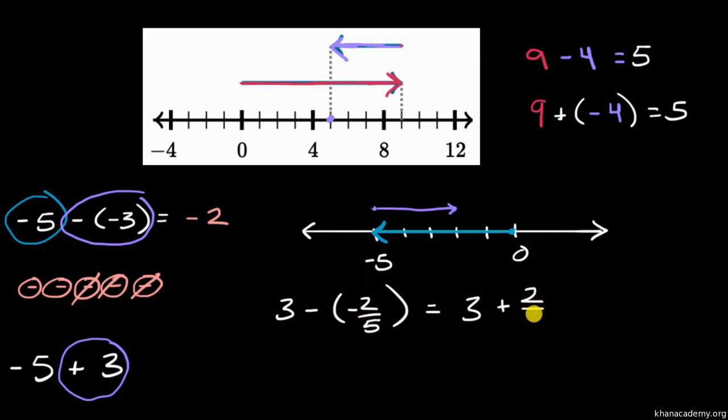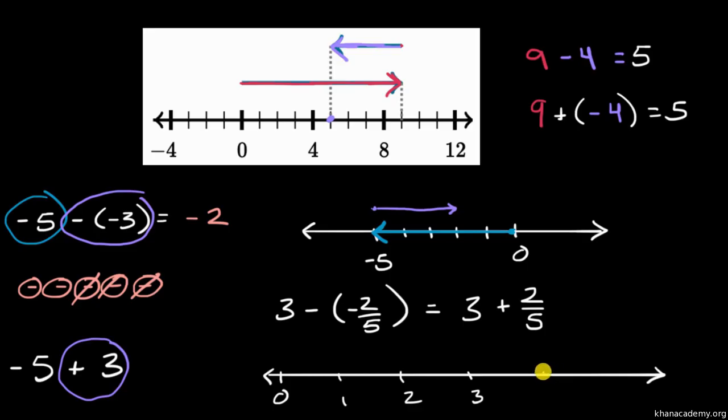So it's adding 2/5. Well, we have seen this type of thing before, and we could even do that on a number line. Let me do that right over here. So let's say that this is 0, 1, 2, 3, 4, and 5. So we're starting here with a 3 in either case.